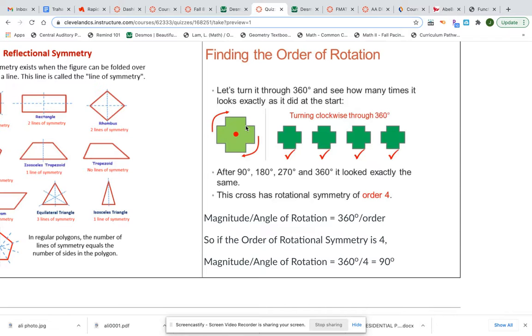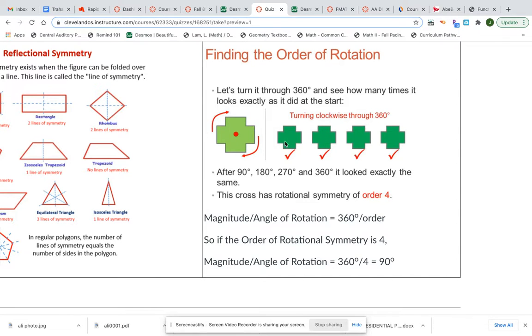These are all congruent edges. If I turn it 1 turn, that is what it would look like here. 1 turn would take this piece here to here. A second turn would take this piece here to here. A third turn would take this piece here to here. And a 4th turn would make the whole complete 360 degrees. So that has an order of 4.